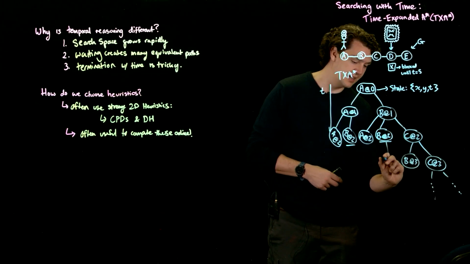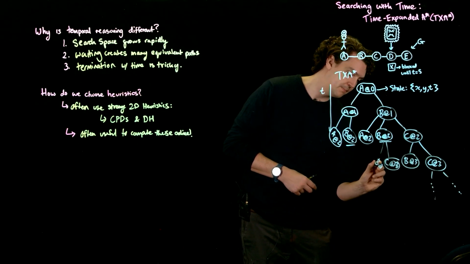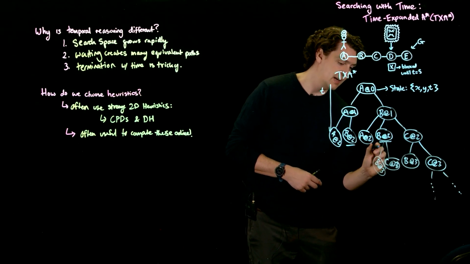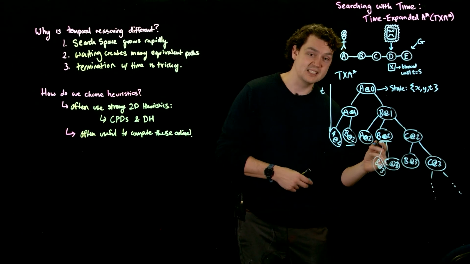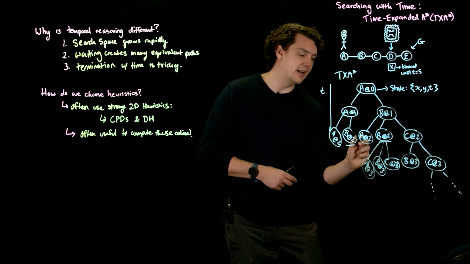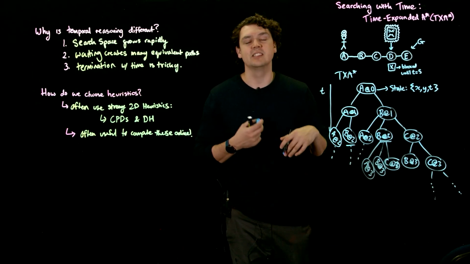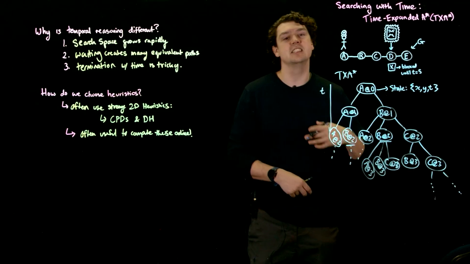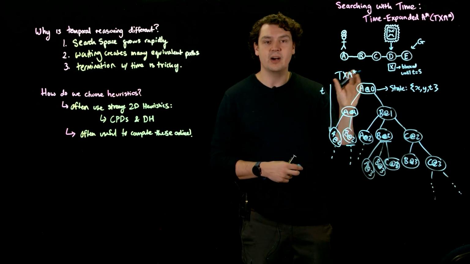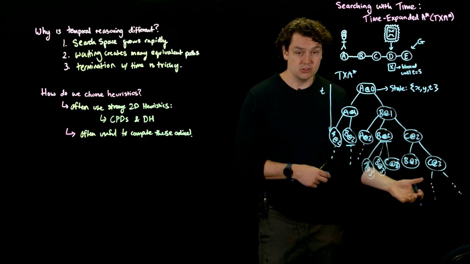Well, from B, you can move to C at 3, but also to B at 3. And then you could also move back to A at 3. And so forth. There is a nightmare of symmetries and repetitions and different versions of the same path that all are the same cost, and we're spending all this time waiting. Searching with time is difficult.